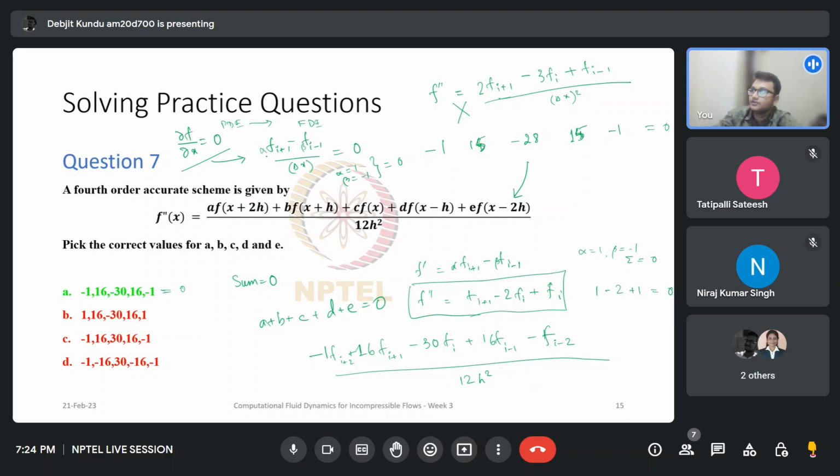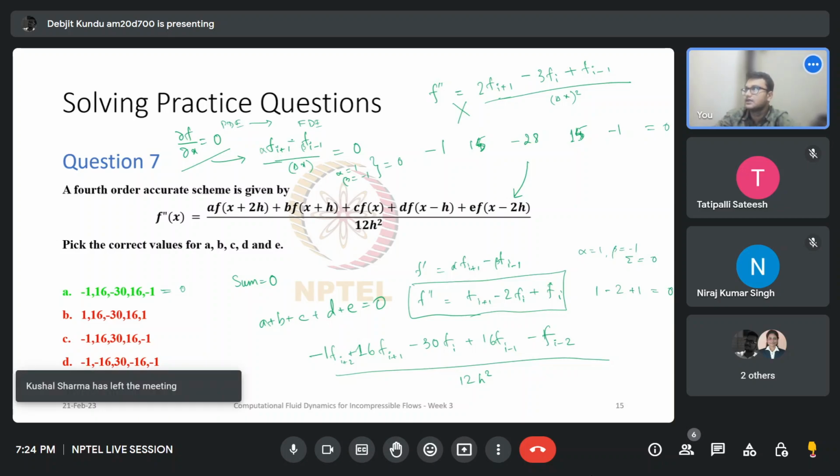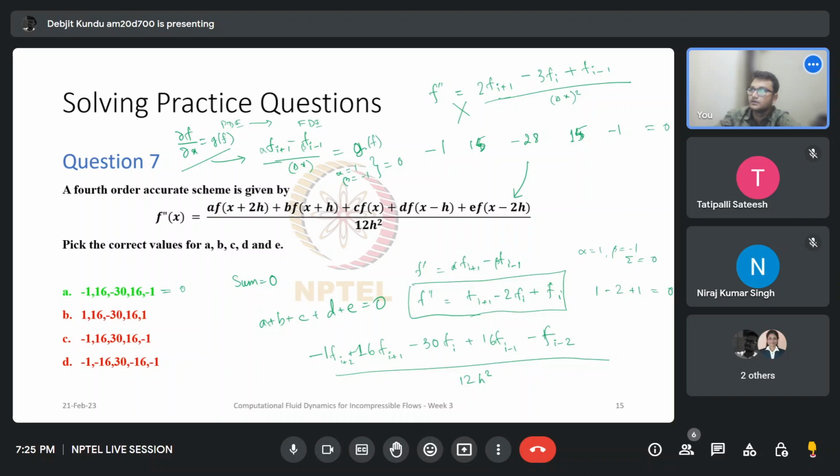But that does not mean that any alpha, any beta which satisfies sum equal to 0 would give a consistent equation here. So let's say if I took alpha equal to 2, or instead of 0 here, I have some other function like g of f.